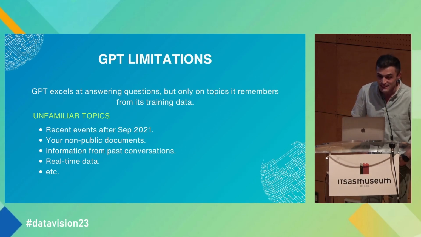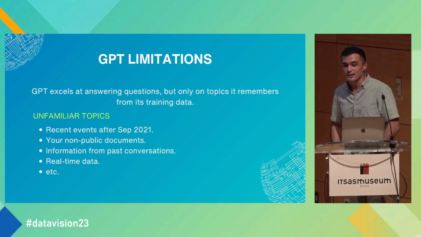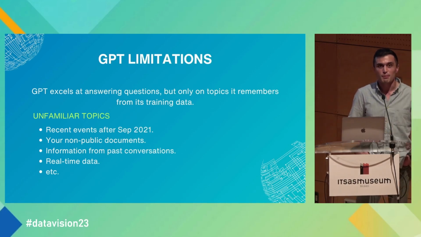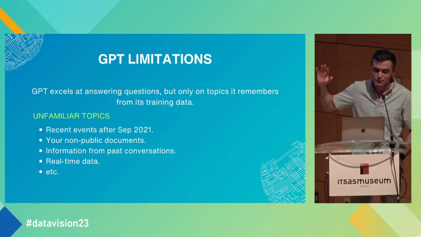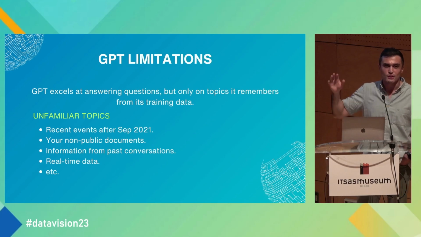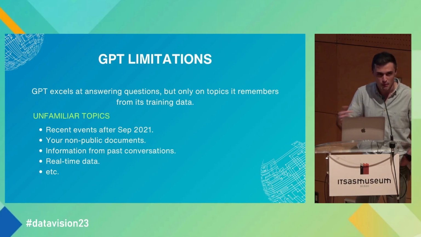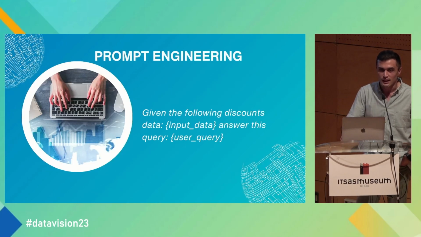Still, there are some limitations, right? ChatGPT, for example, as maybe you already know, cannot see events happening after 2021, and you cannot train it on non-public private documents, right? And some other solutions come in, like manual approaches, doing prompt engineering.